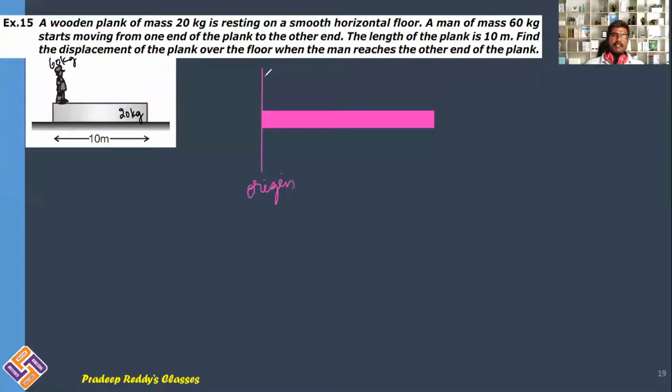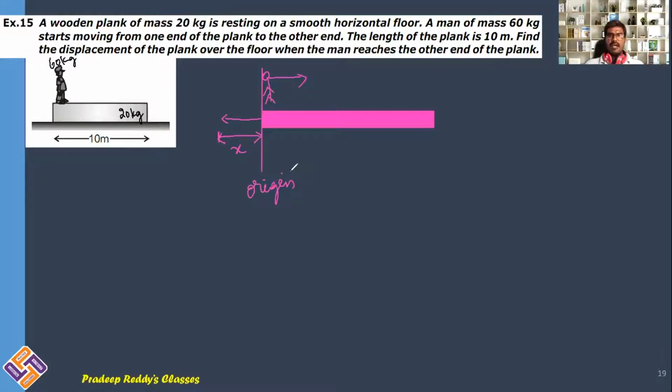A person is starting at this position and going in the forward direction, and as a result the plank moves left side. I am considering that the plank has been shifted left by some distance x, going in the backward direction by some distance x.